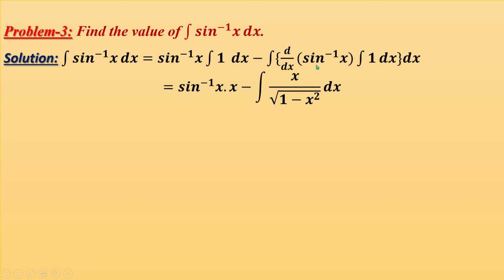here will be 1 divided by square root of 1 minus x square, and here integration of 1 dx means x, so after calculating we will get x by square root of 1 minus x square into dx.